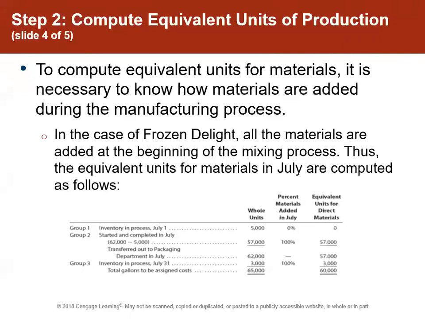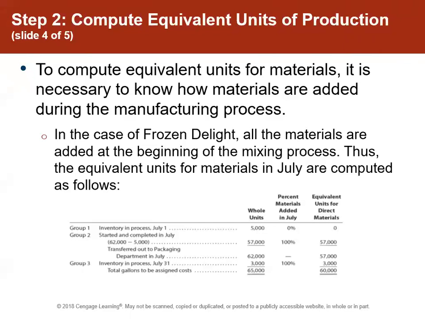So when I'm talking about materials only, I have inventory in process July 1. We don't need to add any more materials to complete them, right? We added 100% materials at the beginning. Well, these are already in process from last period. So those costs have already been assigned last period, okay? So any beginning materials are 100% complete.